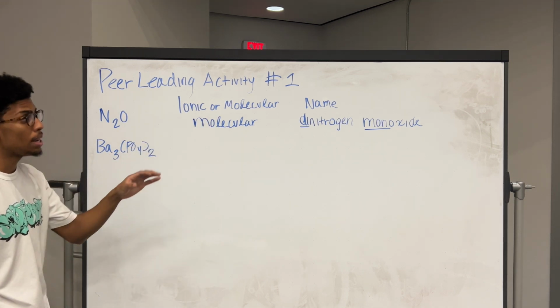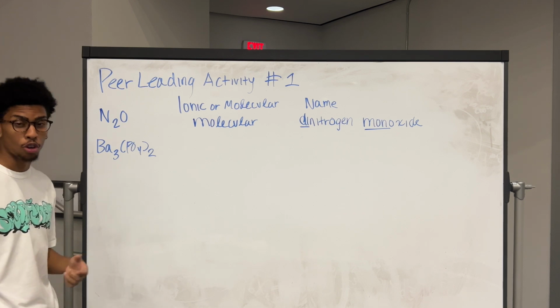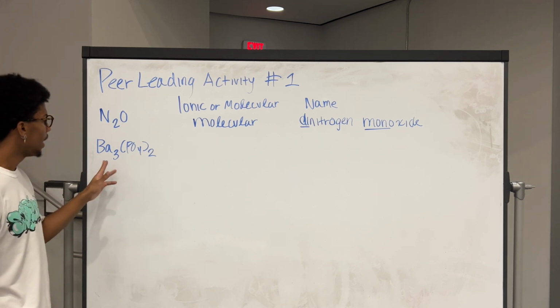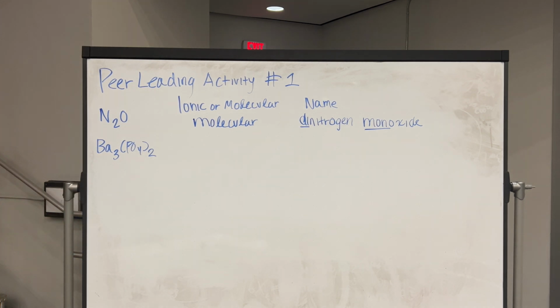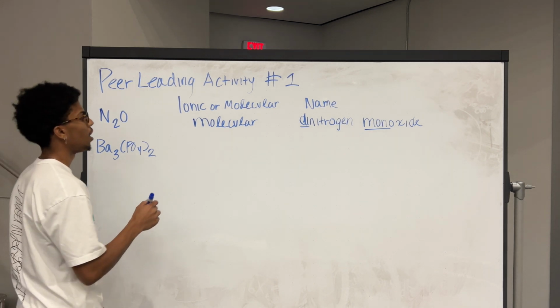So you only omit mono if it's characterizing the first element. Next, we have barium phosphate. And so we have barium, which is a non-metal, and we have phosphate, which is a polyatomic ion. If you have a polyatomic ion in your compound, it is always ionic.